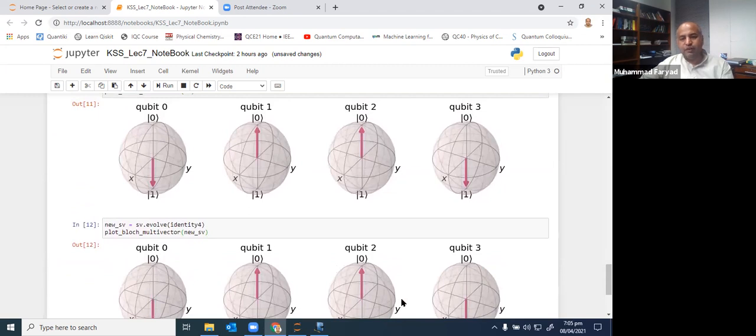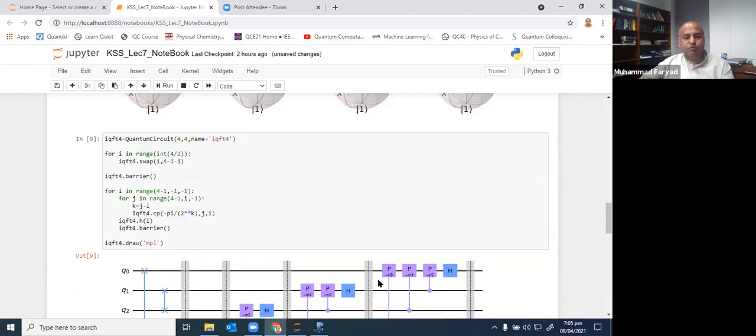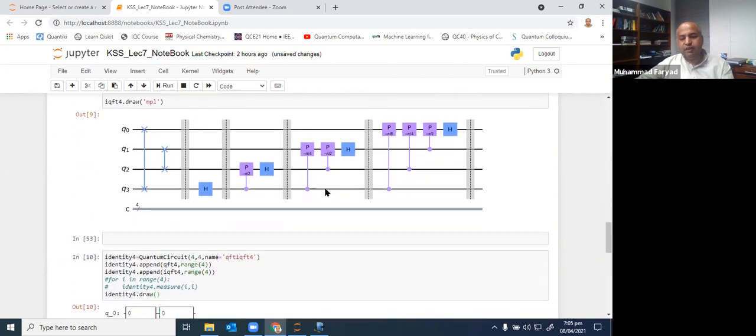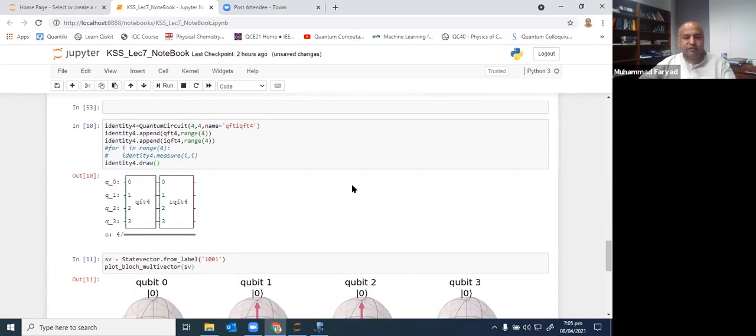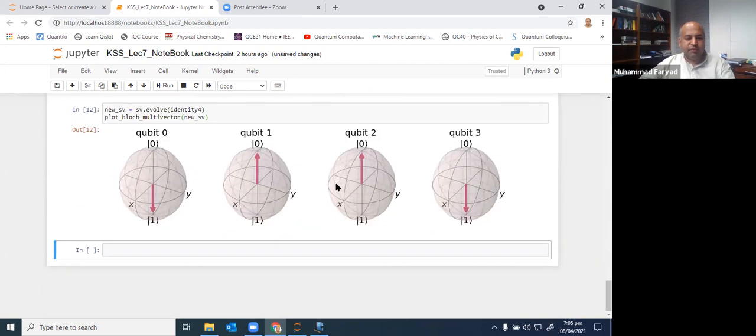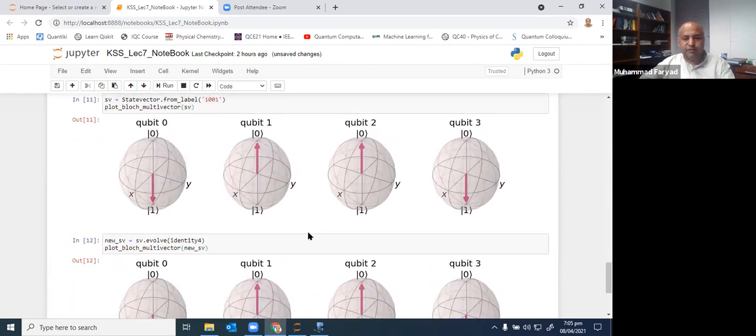So it means that the IQFT that we have implemented works as it should. You have access to this circuit on your laptops as well, so maybe you want to try to run it there.